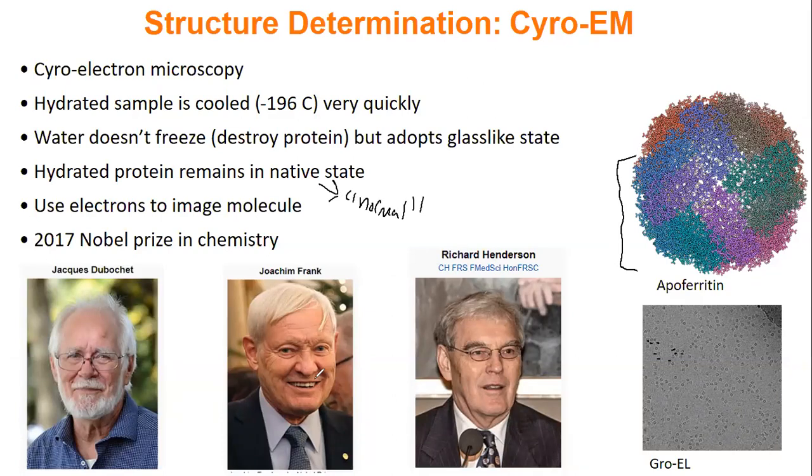That's what cryo-EM is generally useful for. It's useful for big molecules that are hard to crystallize, that are hard to get through X-ray crystallography. So we can use this technique instead. In fact, this technique 3 years ago now won the Nobel Prize in Chemistry. So any questions about the idea of cryo-EM?